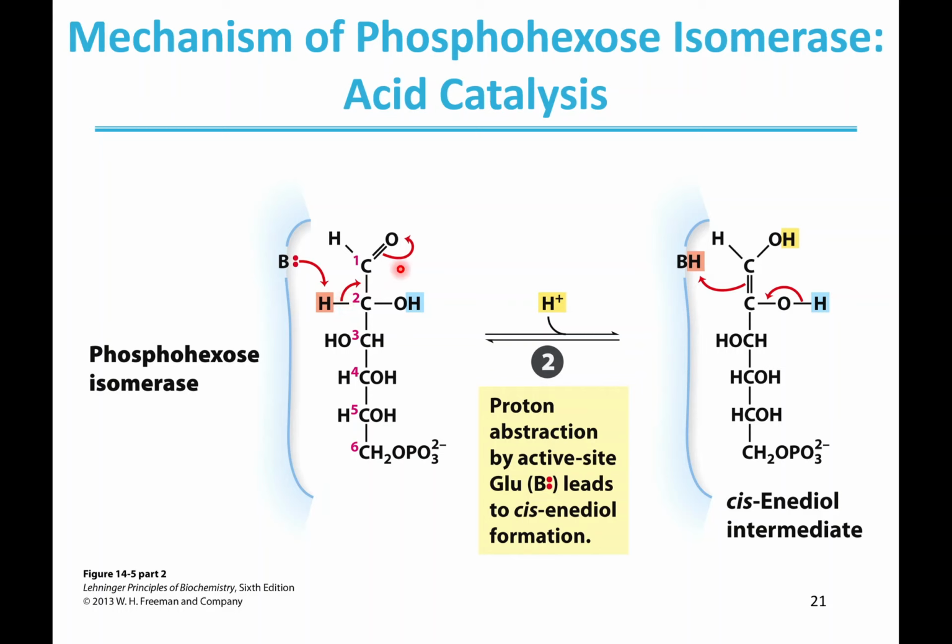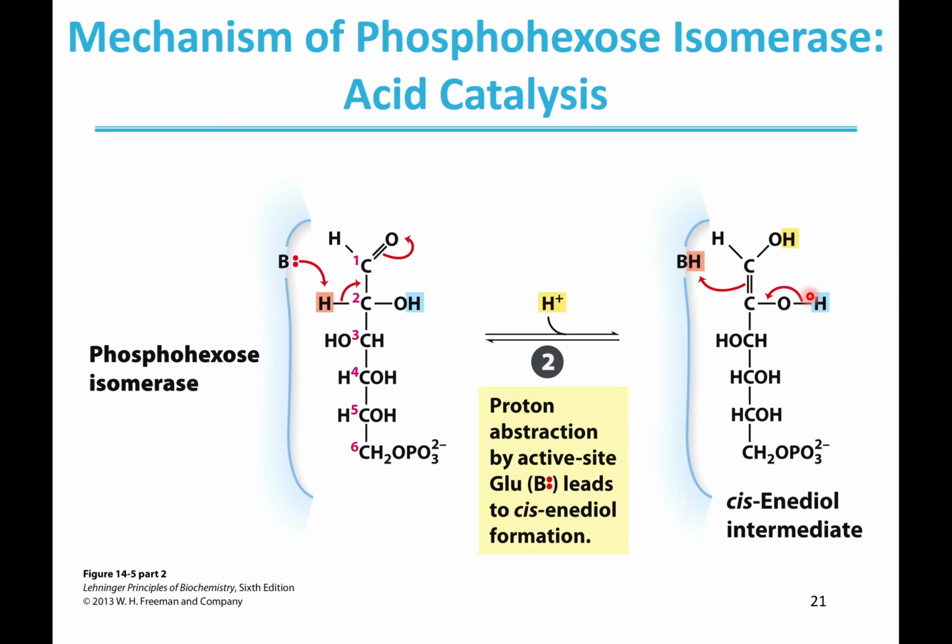The electrons then push around. You get this double bond formation between carbon 1 and carbon 2. Oxygen on carbon 1 picks up a proton to form an alcohol, and this is that ene diol, ene for the double bond, and diol because it has two alcohols on it, intermediate.